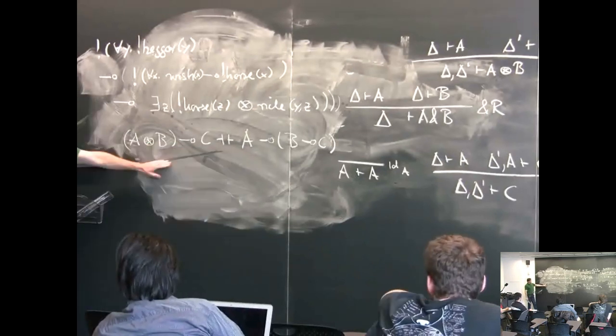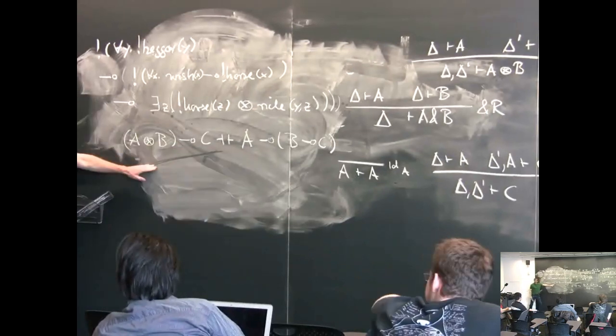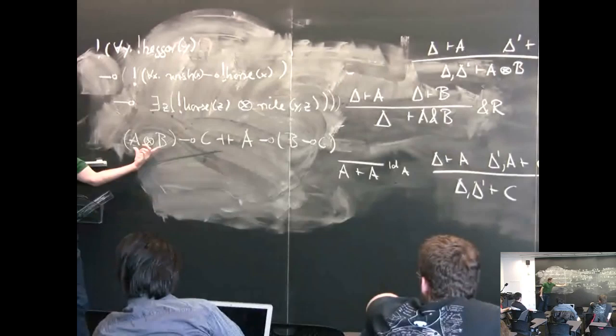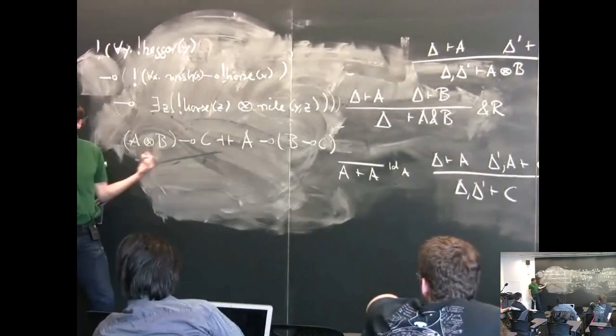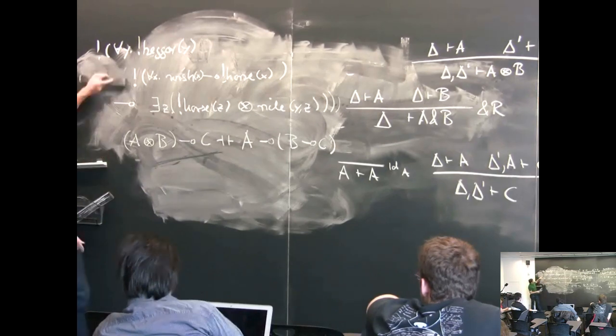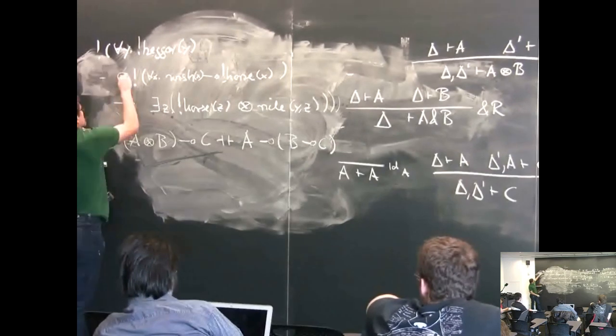In functional programming, this transformation between these two is called currying and uncurrying a function. So if a function which takes one argument gives you back another function which takes another argument, you can package them up into one and pass the pair to the function. So we could put a tensor here, or we can put a lolly here, whichever way we choose.